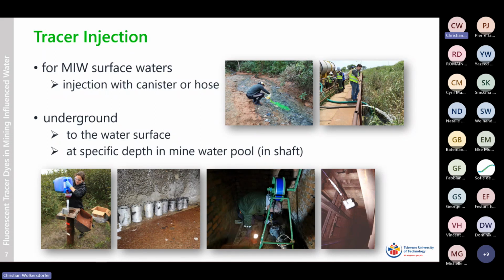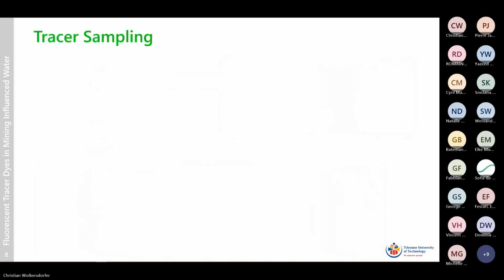And then this device opens and releases the tracer at a certain depth we want to have it in the mine. Let's say at the second onsetting station, so where the gallery is connected to the shaft. And this is a very different and unique option to conduct the tracer test.